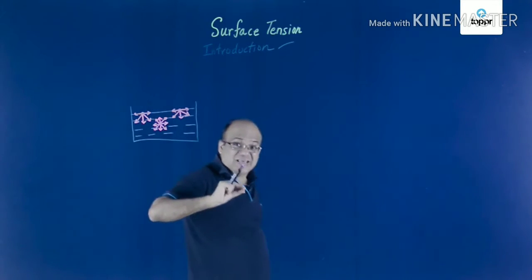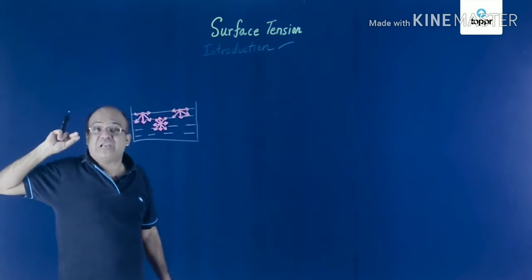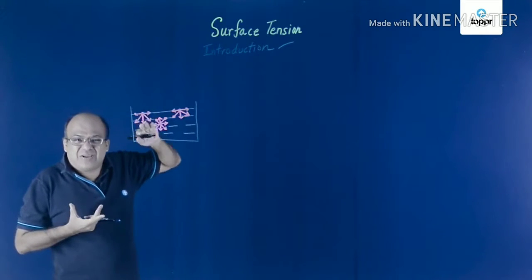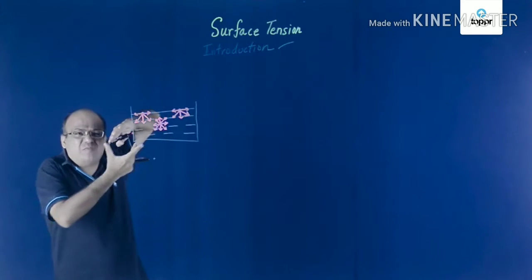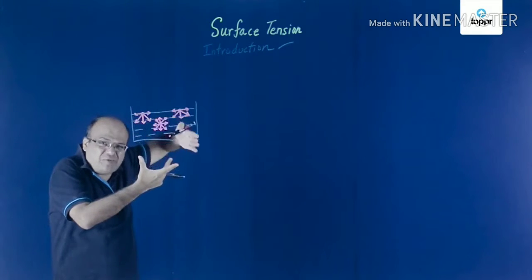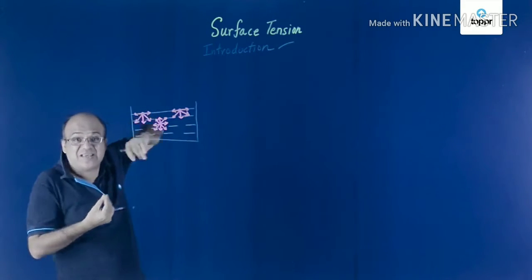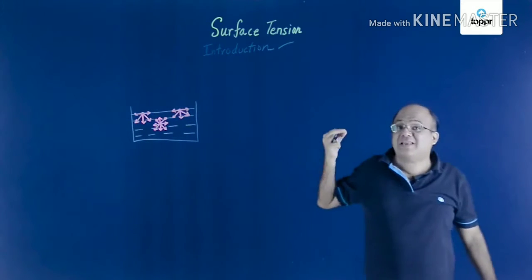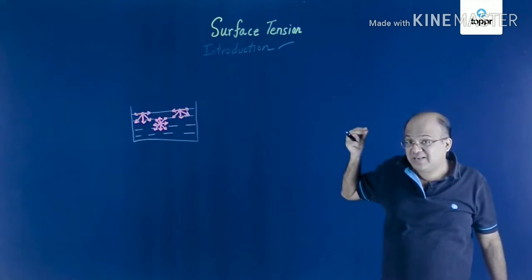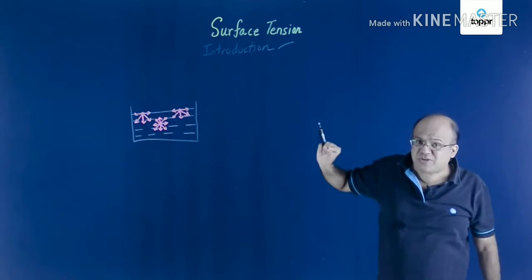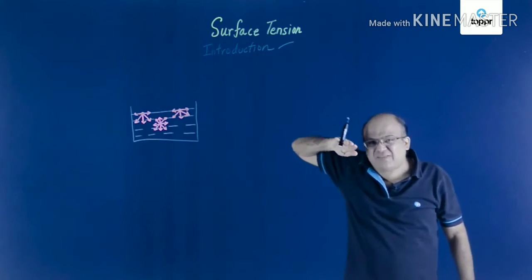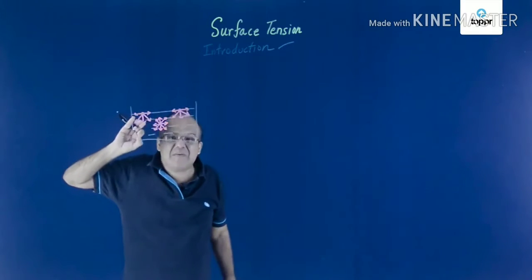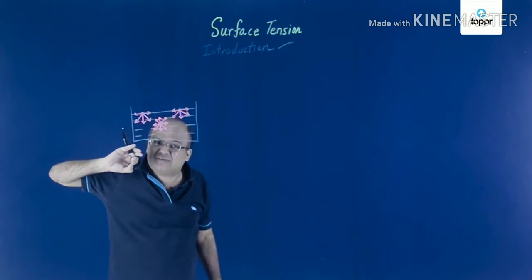Surface tension is a property of a liquid surface due to which a liquid tries to minimize the surface area of its free surface and tries to occupy as minimum area as possible. Because of this surface tension, the surface of a liquid behaves like a stretched membrane under tension.